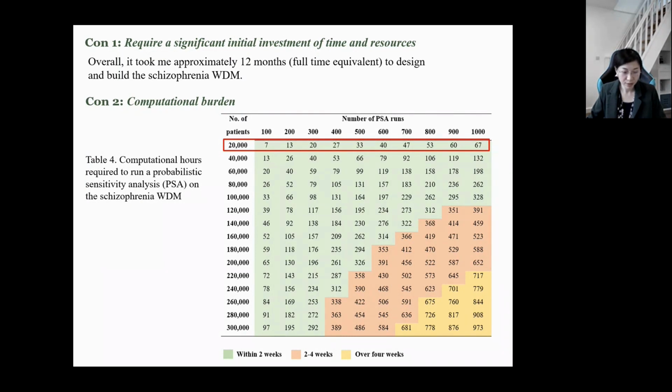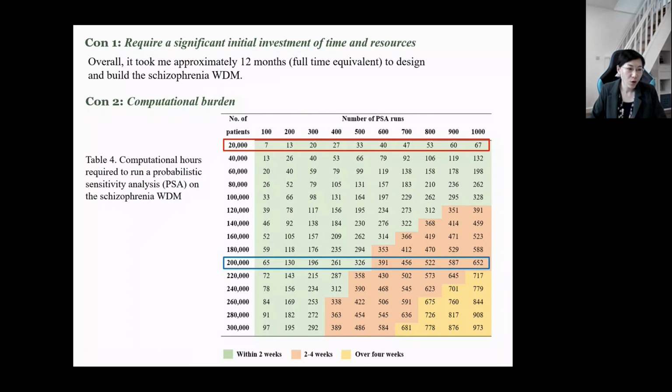It will depend on the specific decision question and the level of uncertainty of the input data. But most economic evaluations would use 5,000 runs as a minimum. So if we want to increase the number of patients to 200,000 and do 1,000 PSA runs, that would take us about 4 weeks to do the PSA.